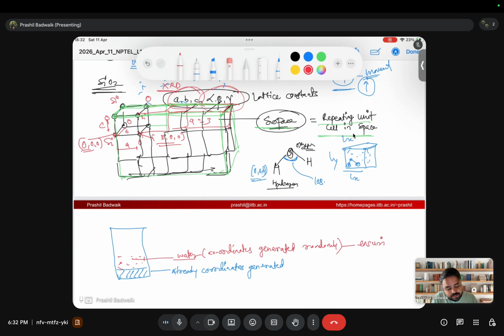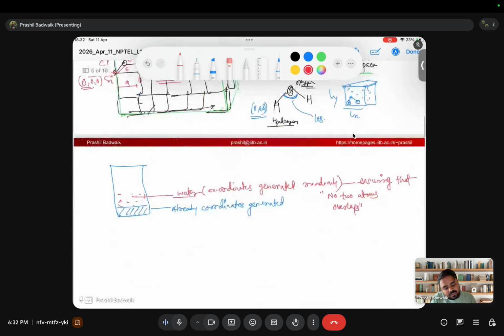ensuring that no two atoms overlap. Right?